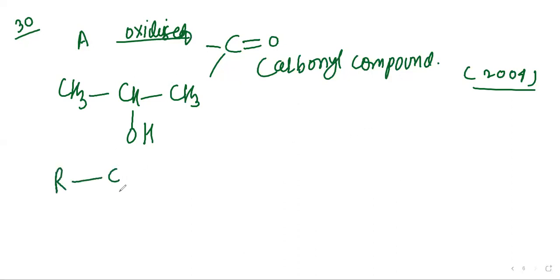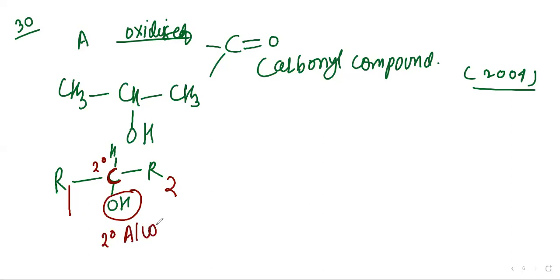Like R, C, OH and R. When the OH group is attached, that carbon should be 2-degree. Here one R group is attached, and this is the second R group. So it is a 2-degree alcohol. So it is oxidized.